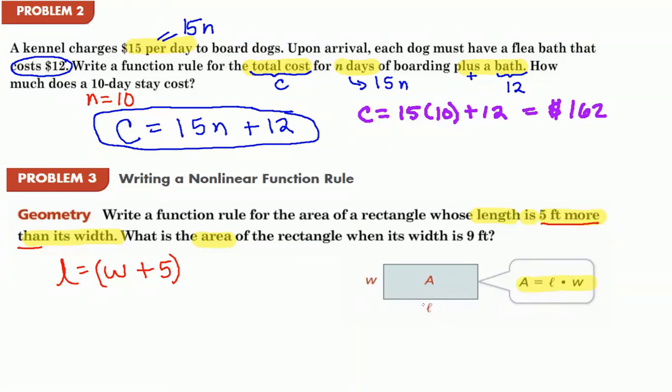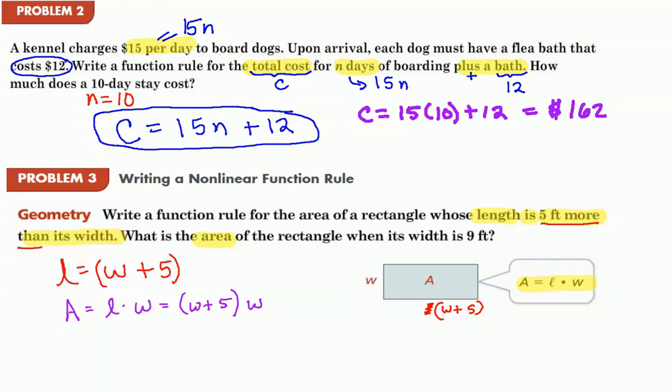So we're going to replace the L on the picture with W plus 5. Now we're going to multiply the length, which is W plus 5, times its width. So we're going to rewrite the formula as A, which is really length times width, but we're going to substitute L as W plus 5, times W again.